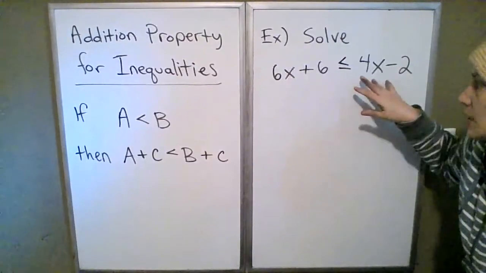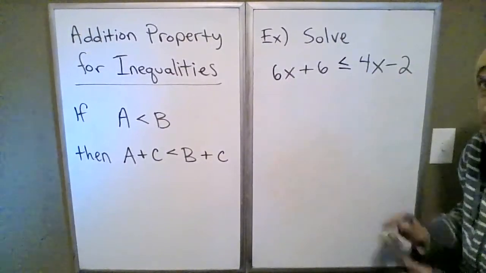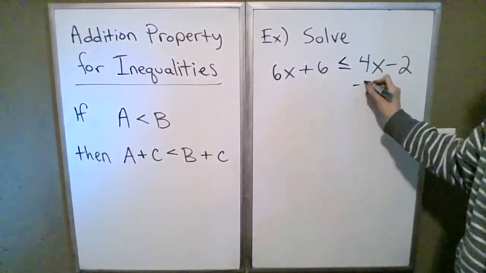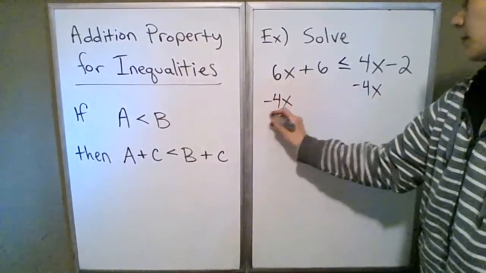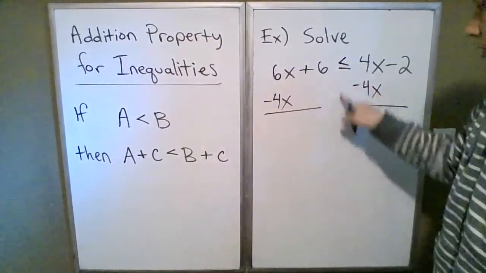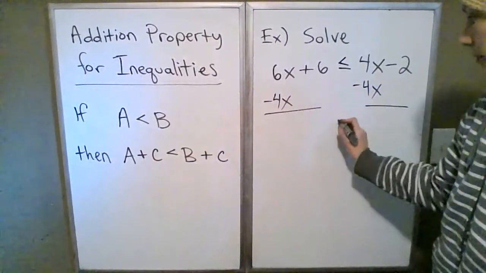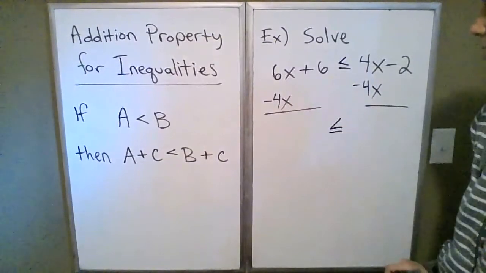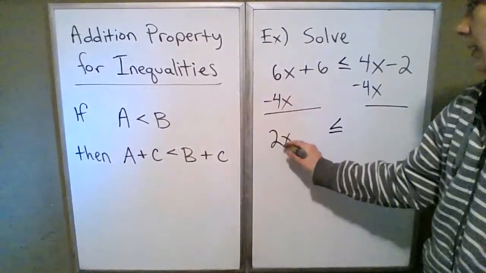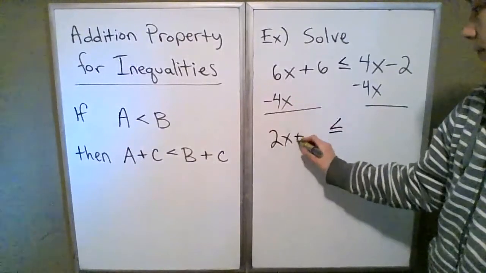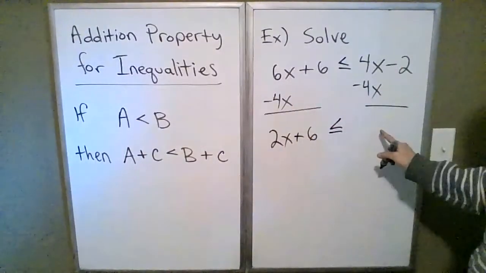So maybe subtract 4x from each side. Make sure you copy down the same symbol, less than or equal to. And then this would be 2x plus 6 less than or equal to -2.